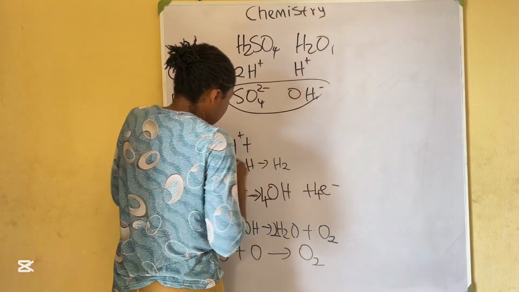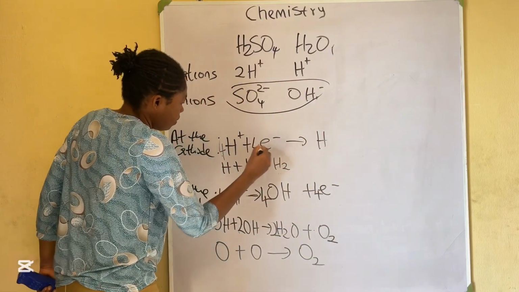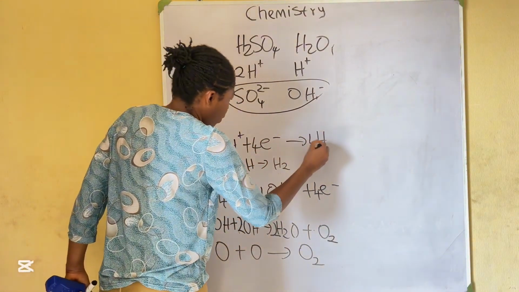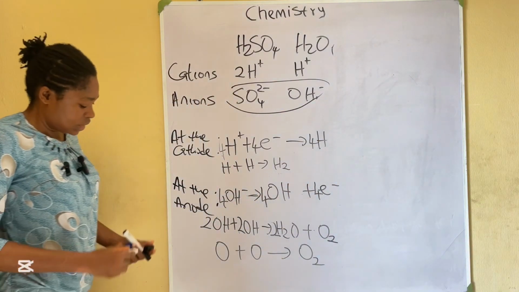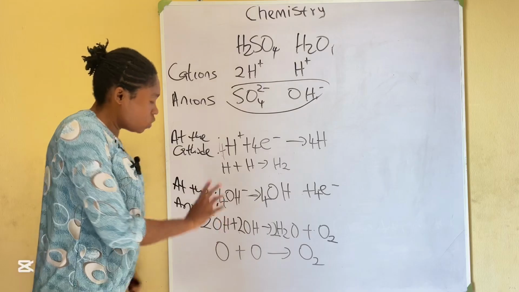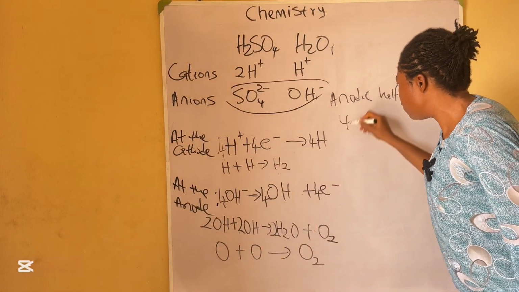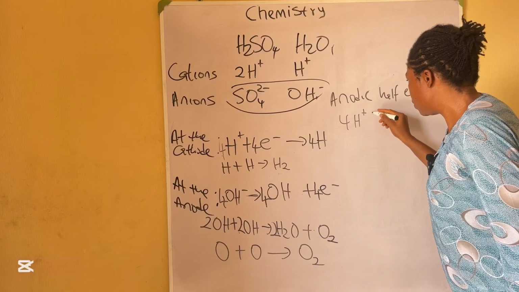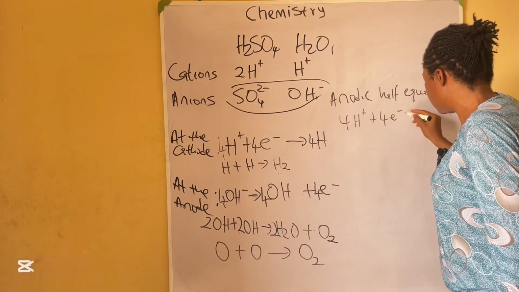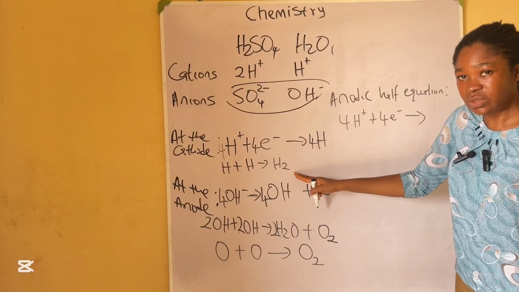Let me expand this thing. If I put 4 here, I also put 4 here. So this is how the anodic equation is gotten. In the half equation, you have 4 hydrogen ion plus 4 electrons to give you hydrogen gas.